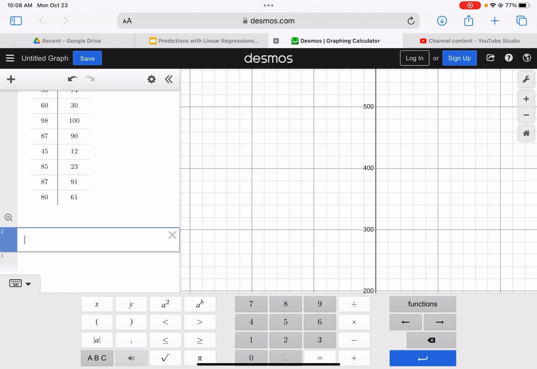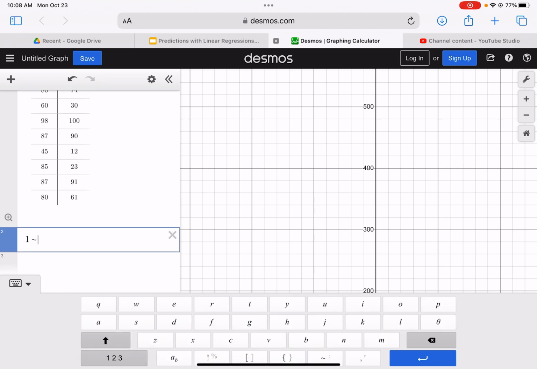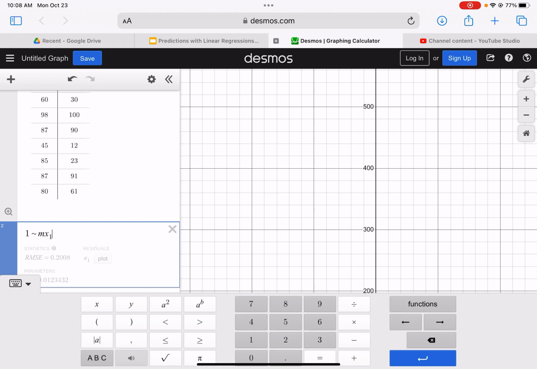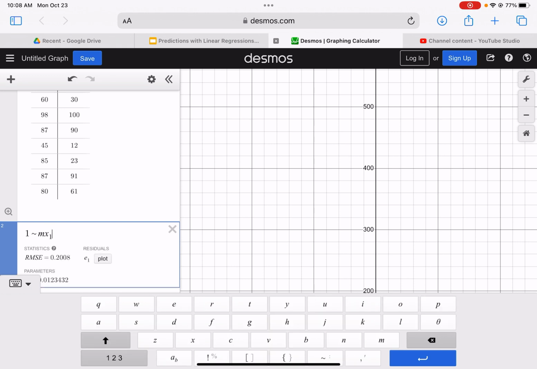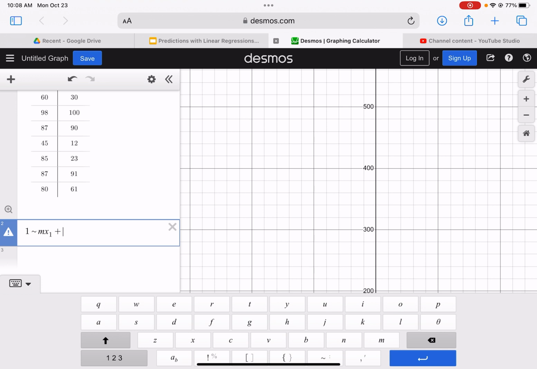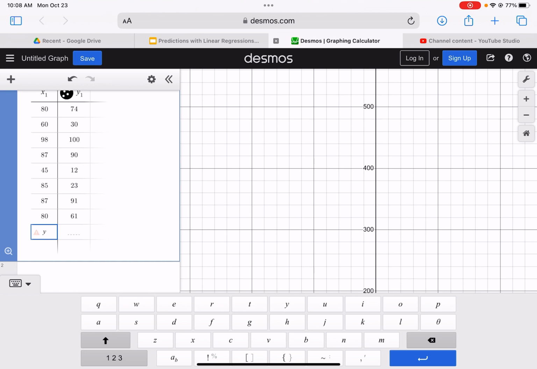I'm going to run the regression as y1 is almost equal to mx1 plus b. Whoops. Y there. Hold on. Trying to go too fast. Made a typo. Y1.